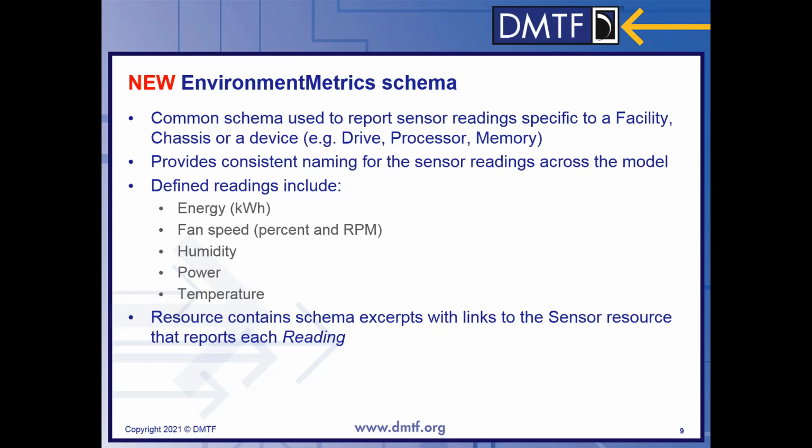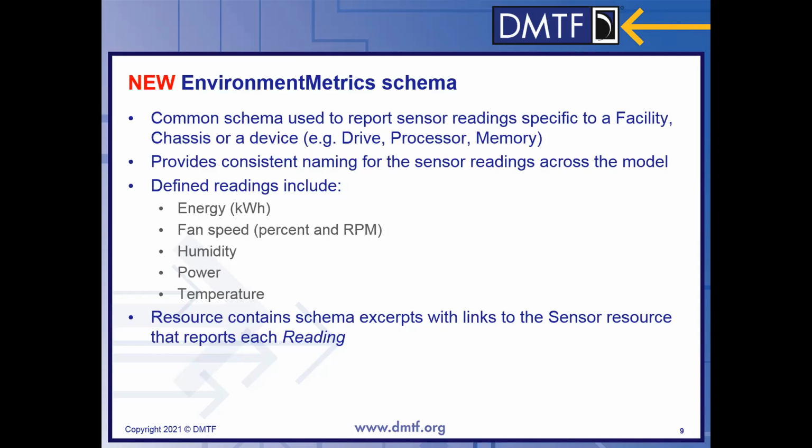And so you'll see that we've added the environment metrics as a subordinate resource onto things like drive and processor and memory. So at the early stages here, it's meant to be the consistent way to read those types of dynamic data for sensors around a specific device. But we expect that we'll apply this same schema to a number of other places over time as folks request it and as we discover other use cases.